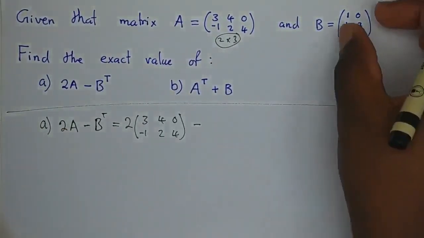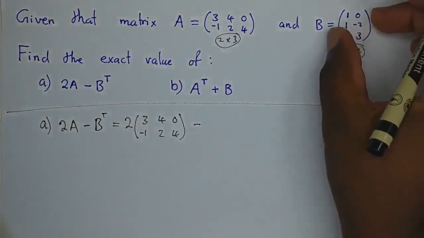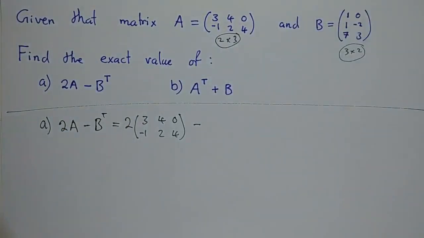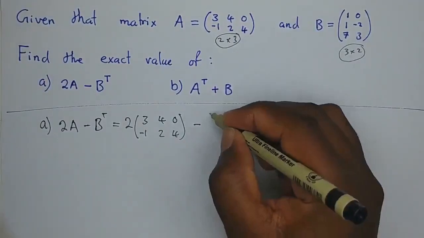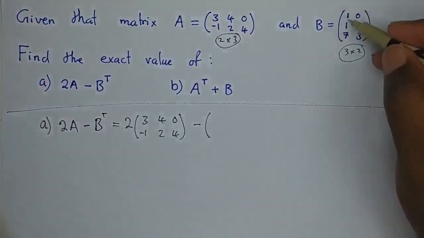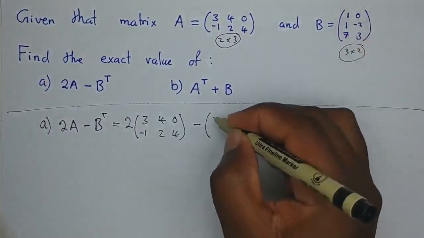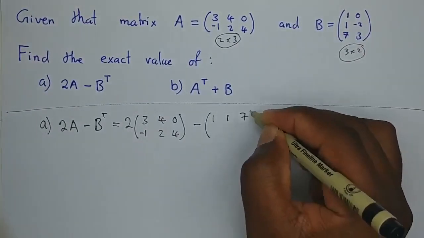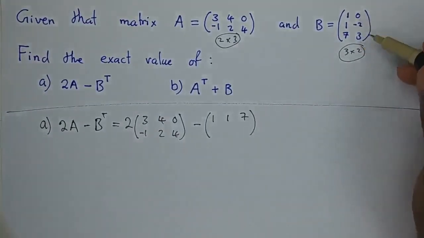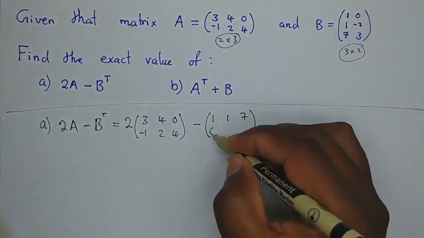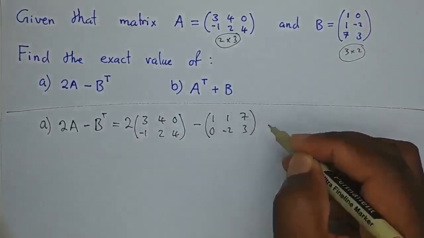So this is our B. Let's transpose it. Transposing B, the columns become the rows. The first column is 1, 1, 7, so it becomes the first row, 1, 1, 7. The second column is 0, negative 2, 3, so it becomes the second row, 0, negative 2, 3.